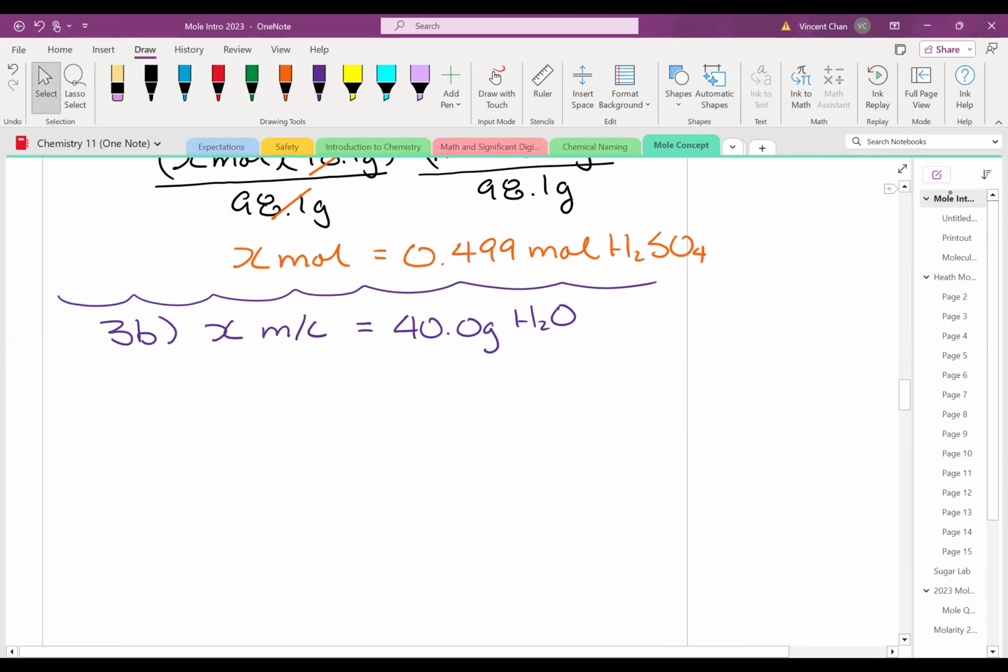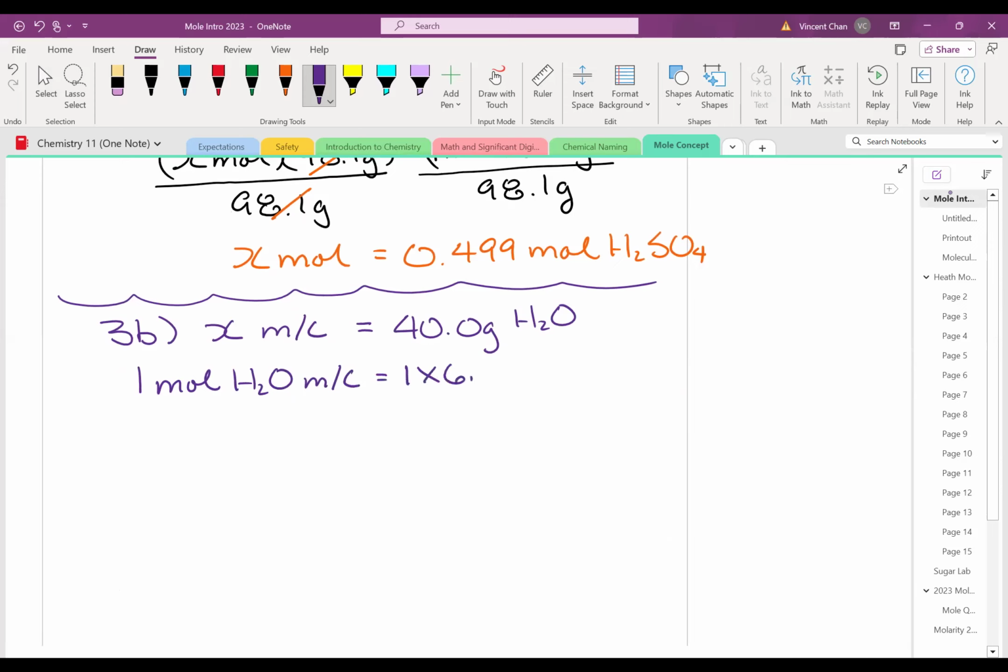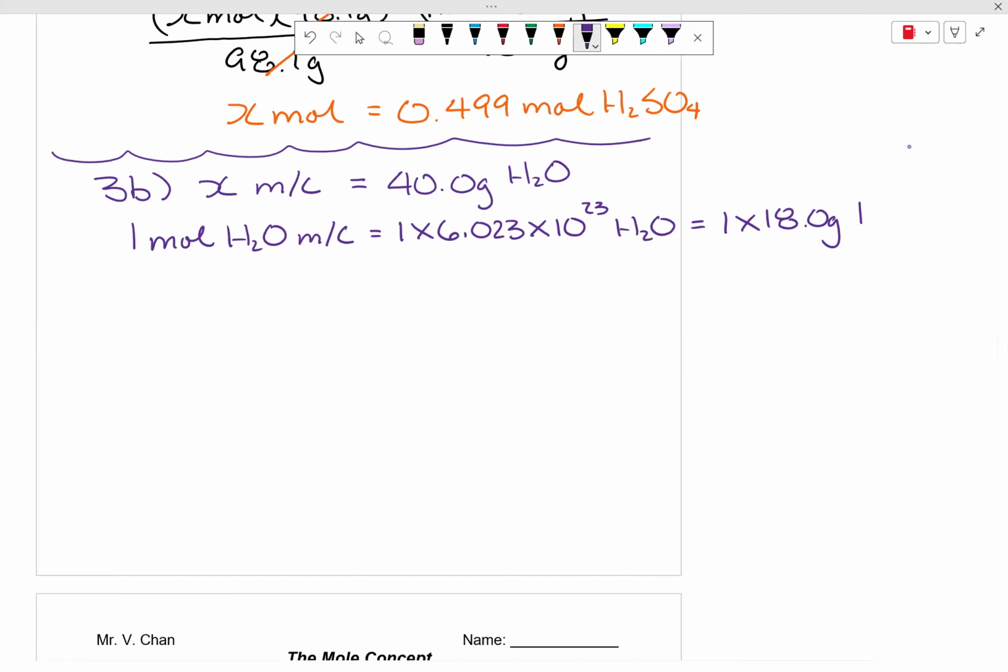So again, what's the setup? 1 mole of H2O, I'm going to say the word molecule, is equal to 1 times 6.023 times 10 to the 23 water molecules. And that is equal to 1 times 18.0 grams of water molecules.